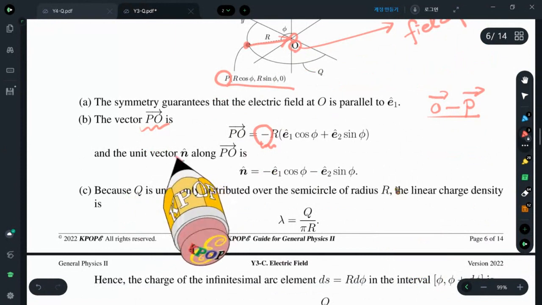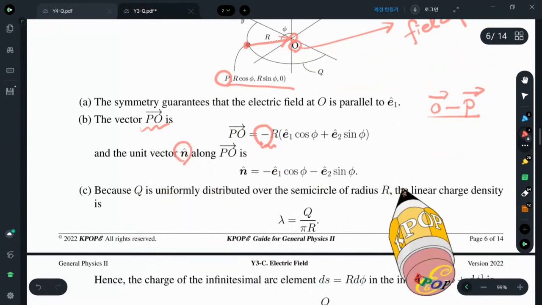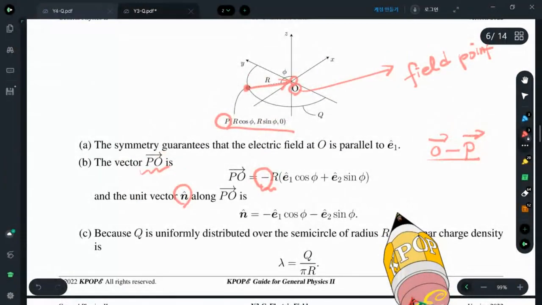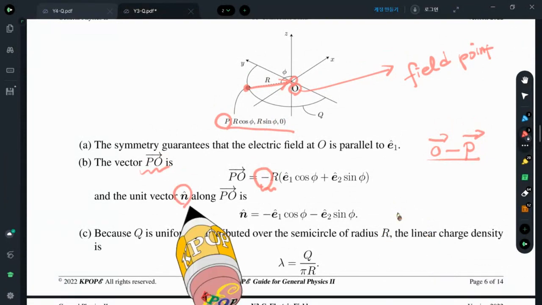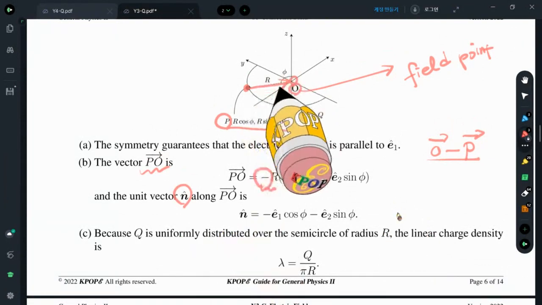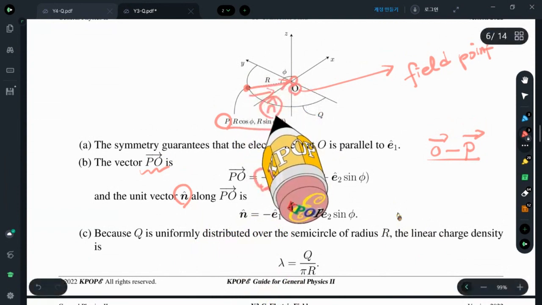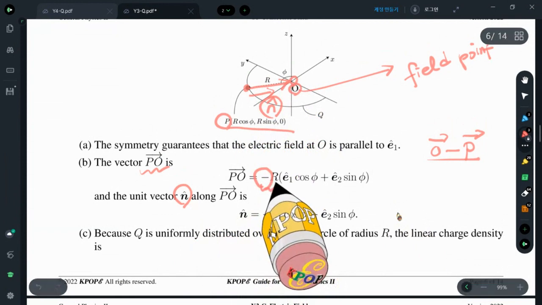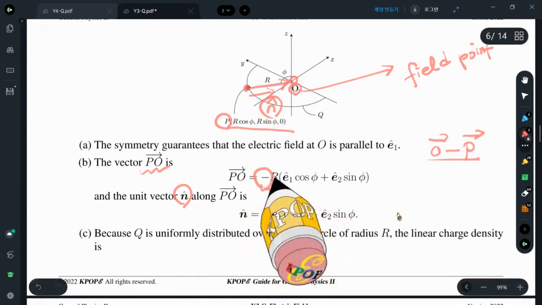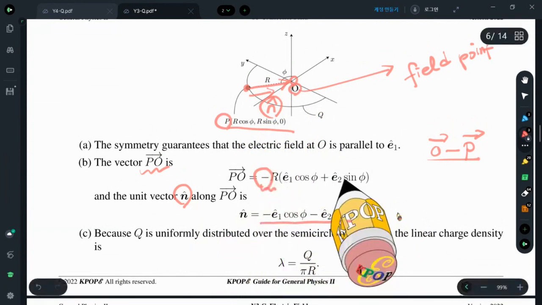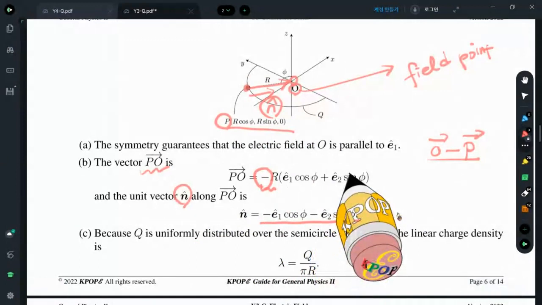The unit vector n hat along PO, this we put n hat. So except for the radius, we have a unit vector that is parallel to this vector.